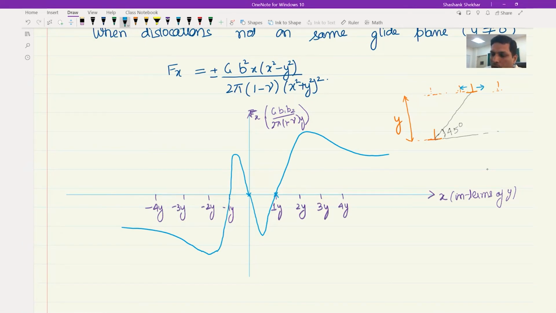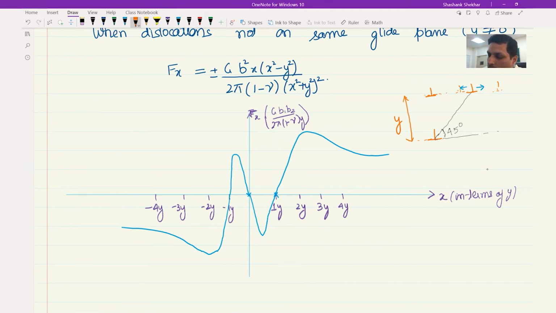Now let's come to the position where x is equal to 0, which is right over here. So again, let me draw this. At this position, it is equal to 0. Now, as soon as you move a little to the right, so you have a little x positive, but it is still less than y, actually much less than y. Therefore, the force is still negative.